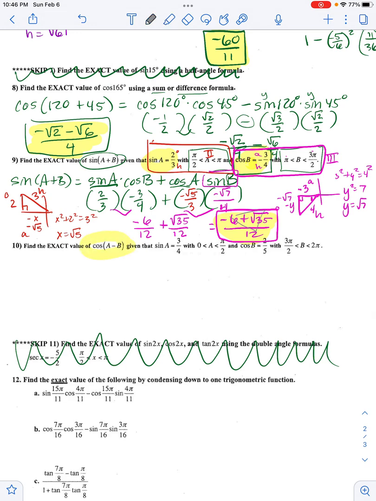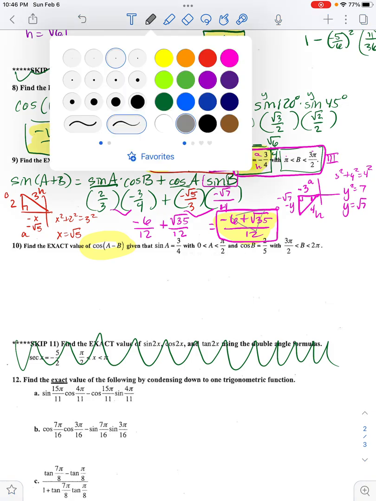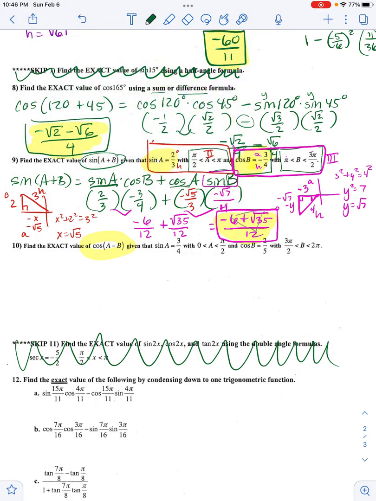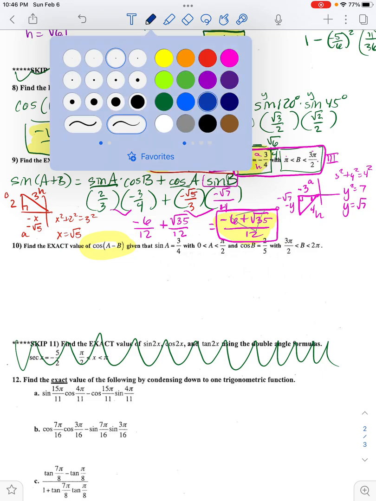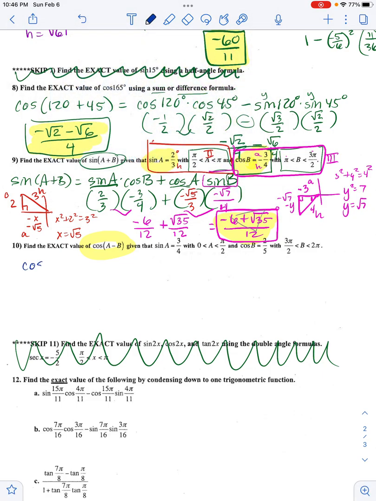So this time I'm starting with cosine of A minus B. So I'm going to go ahead and write out my formula and think, okay, the cosine subtraction formula will start with the cosine of A times the cosine of B. It'll change to addition, and then be the sine of A times the sine of B. What do I already know from these 4 pieces to my puzzle?